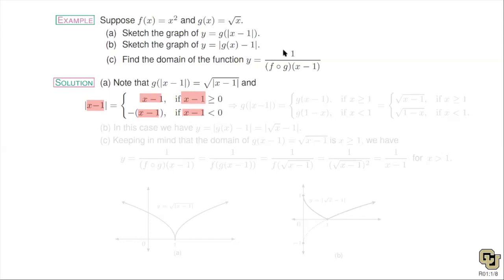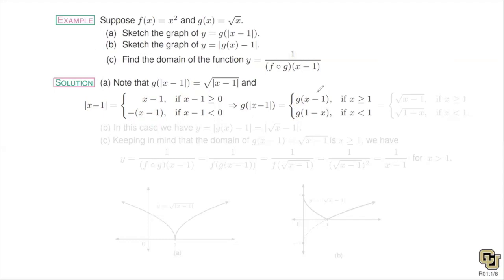So here's what g composed with absolute value of x minus 1 looks like. It's the same definition, except now I've applied g on the outside, because it's g of the absolute value. Here also I distributed the minus sign and wrote it as 1 minus x.